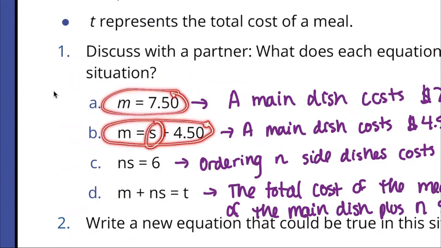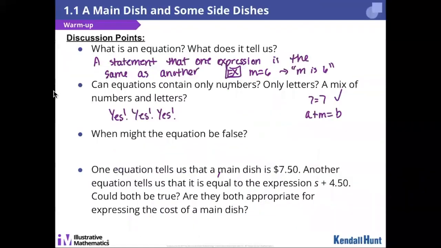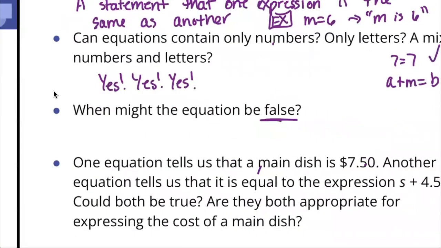I can't say that S in this case is $10 because if I take 10 plus 4.50, then that doesn't actually equal 7.50 at the end of the day. So there are some cases where equations might be false.